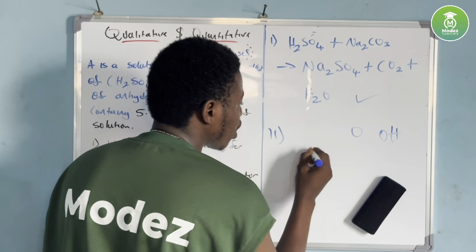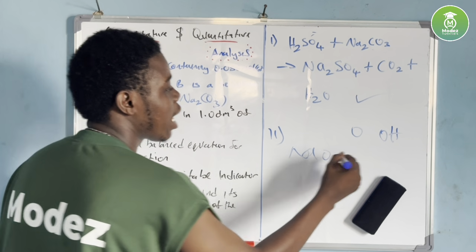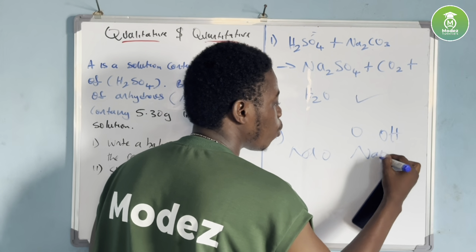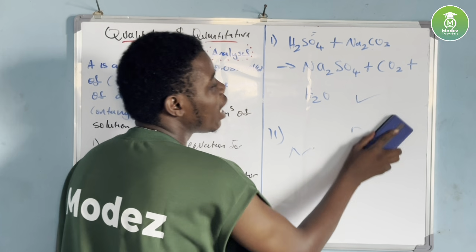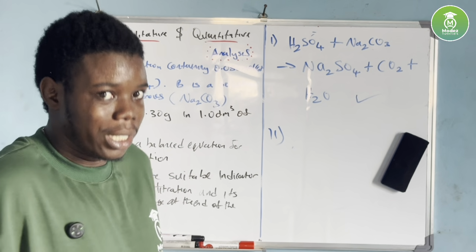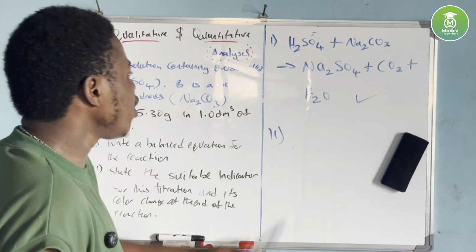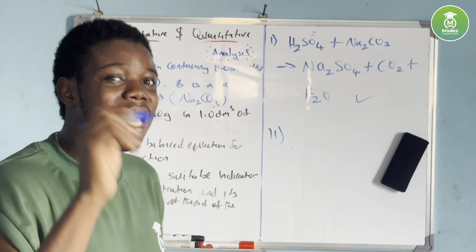If it were an oxide of sodium, it would be a very strong base. And if it were a hydroxide of sodium also, it would have been a very strong base. But because it is more or less a salt of sodium, it is a weak base. Do you get it?